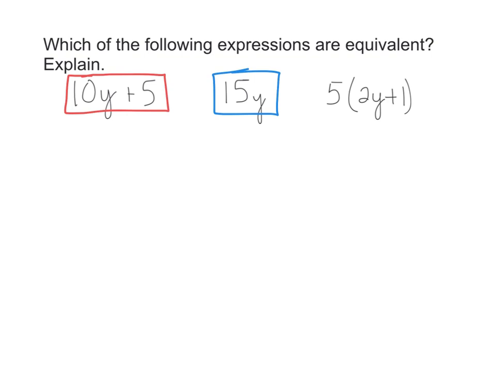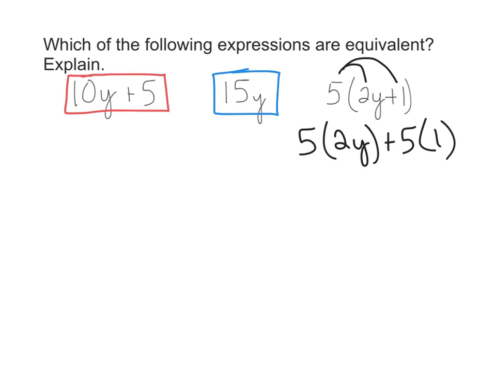So it's going to come to this last expression. In this last expression, to simplify this, we can distribute. We can say this is equivalent to 5 times 2y plus 5 times 1. 5 times 2y is 10y, and then 5 times 1 is 5. We know we have to do multiplication before we add, so you can technically do both of those in the same step.